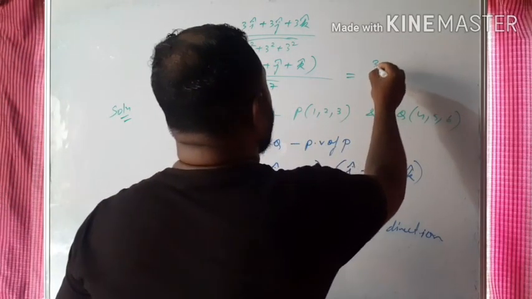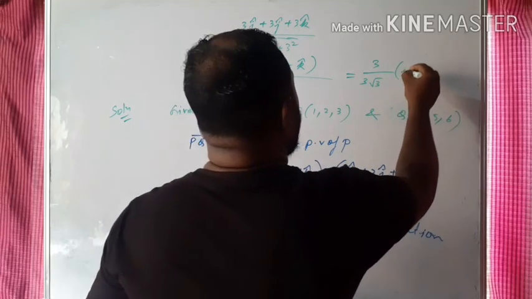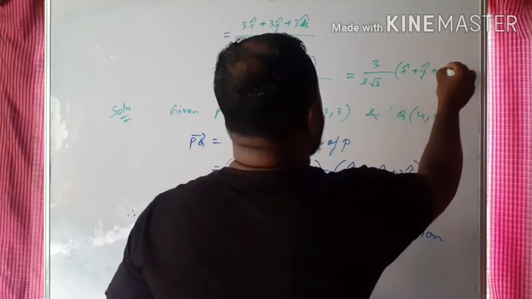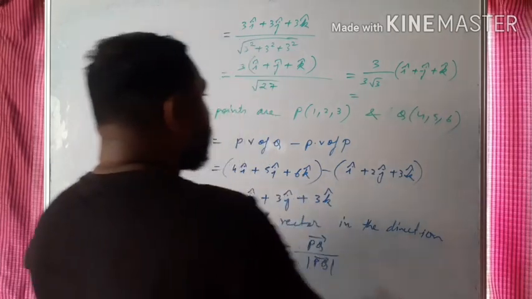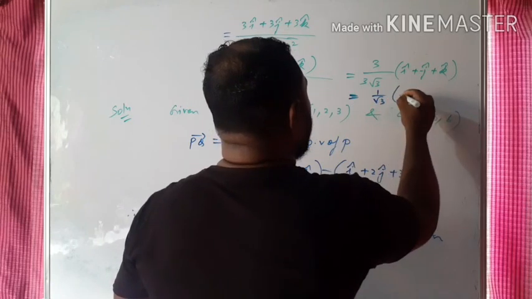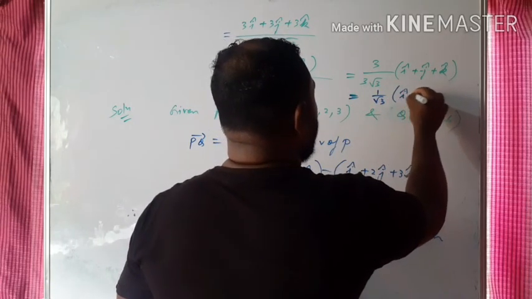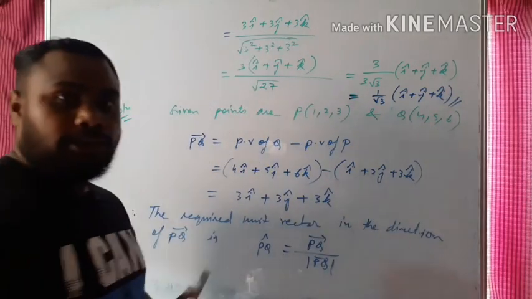So it will be 3 by 3 root 3 into i plus j plus k. So it will be 1 by root 3 into i plus j plus k. So this will be the answer.